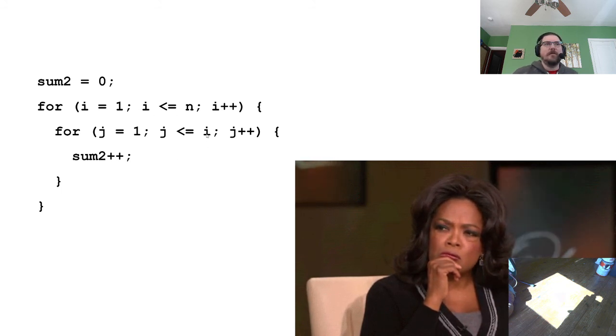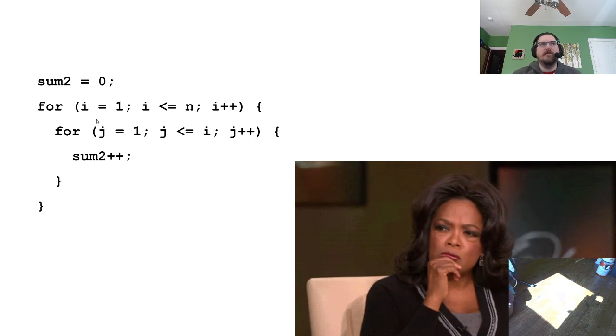What was different? Well, we're looping by i, right? And so the way you would actually solve this is you would come up with the summation that this loop represents, which would be the sum of all integers between 1 and j, and you would get n times n plus 1 over 2, which is n squared.